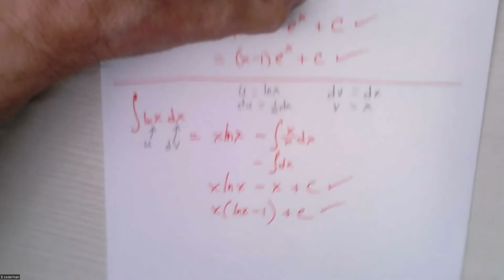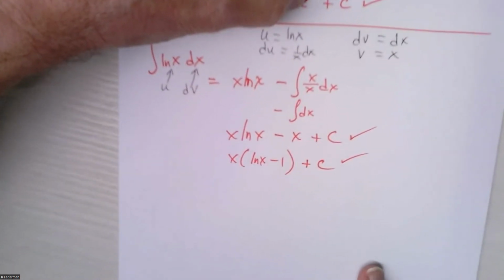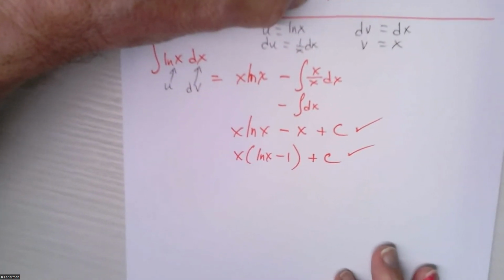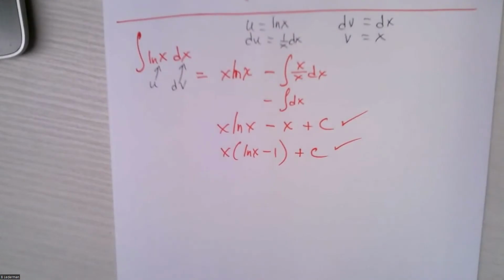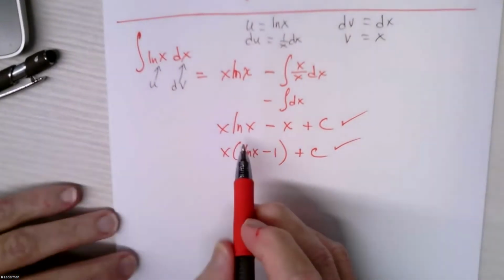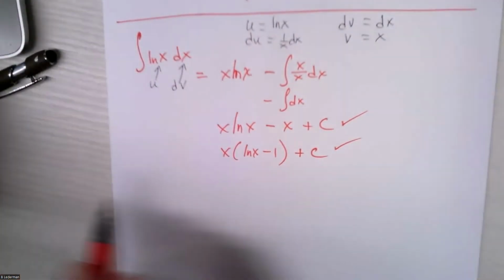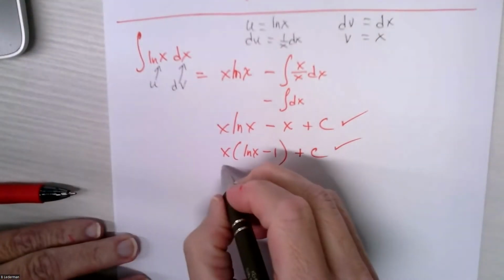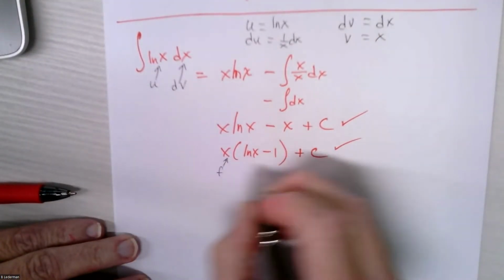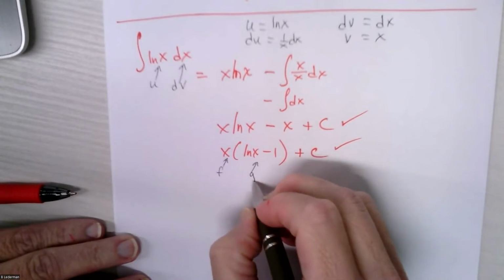Let's check both of them actually. We're down here, so let's check this guy right now. Let's take the derivative of the one on the bottom. This is going to be my f, and this is going to be my g.